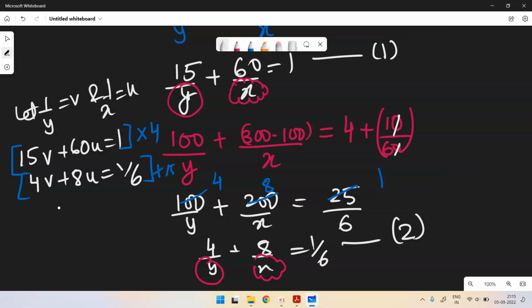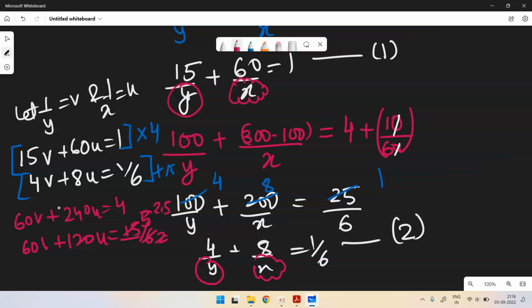the equation will become 60v plus 240u equal to 4, and from the second, 60v plus 15 eights are 120, u equal to 15 by 6. 15 by 6 is nothing but 2.5.